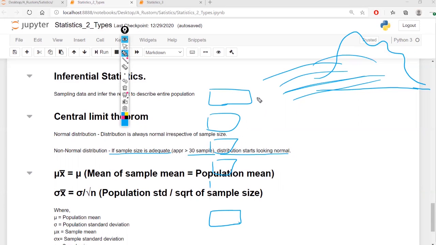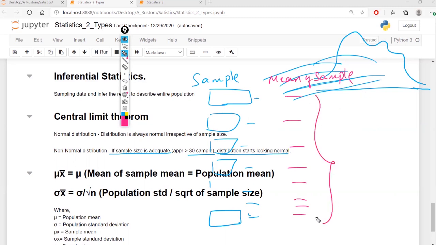I will take a mean of all these samples, and I get one data point.